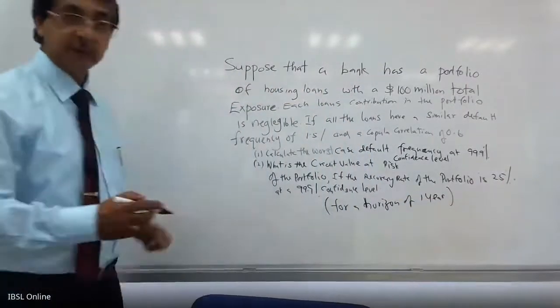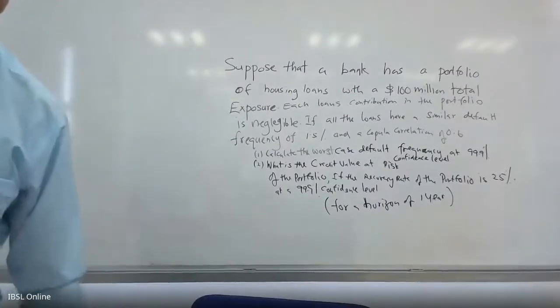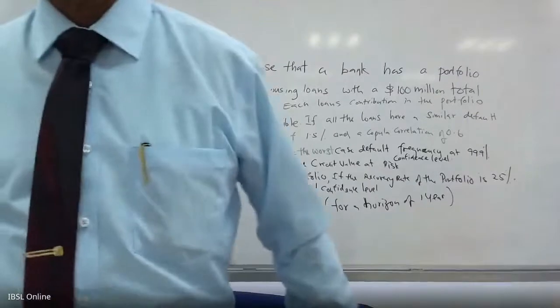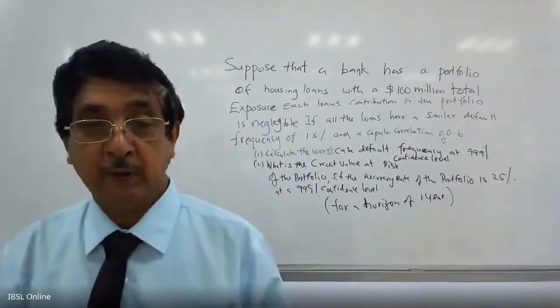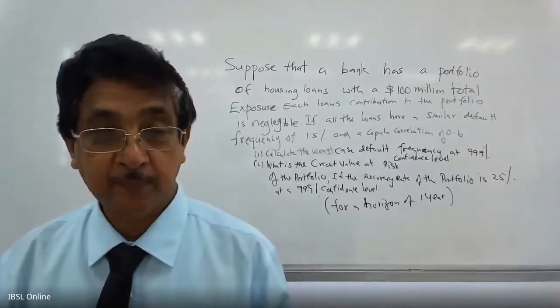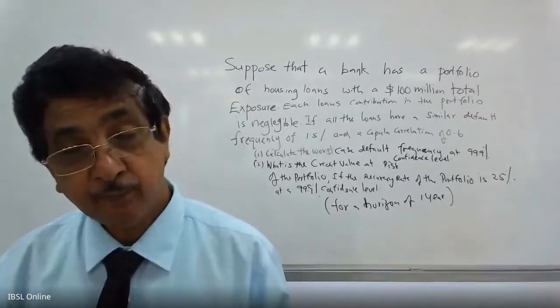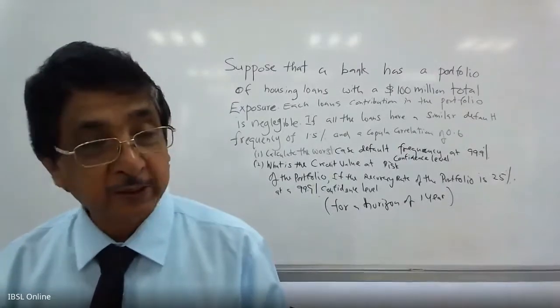Right? So the first thing you need to do is calculate the worst case default rate at a 99.9 confidence level for a horizon of 1 year.